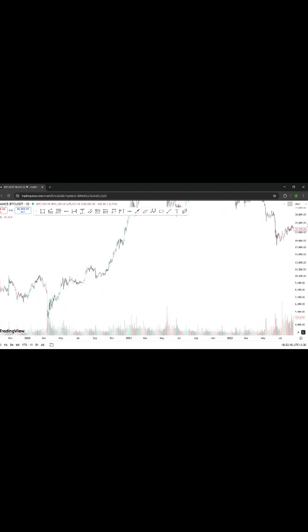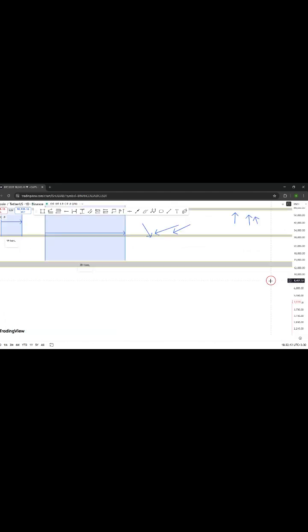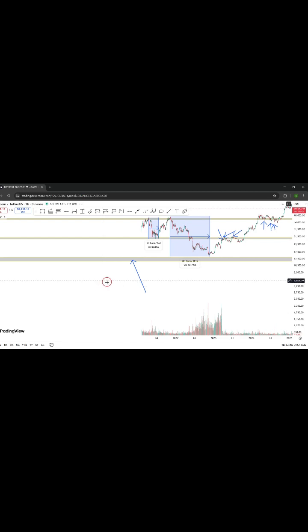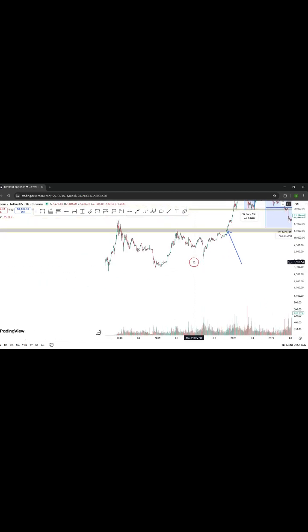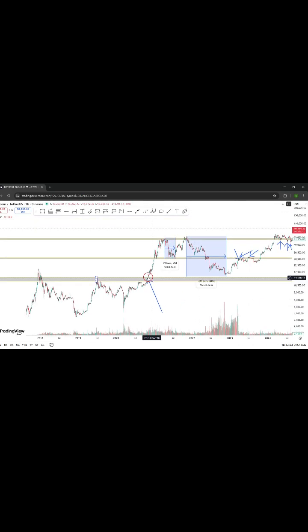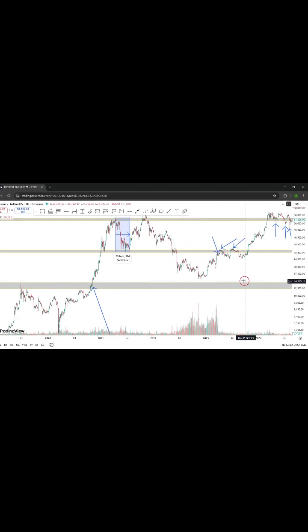When price crosses this area with big momentum, and price comes down and hits this area again, it comes up, as you can see.